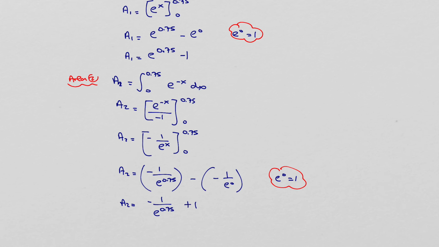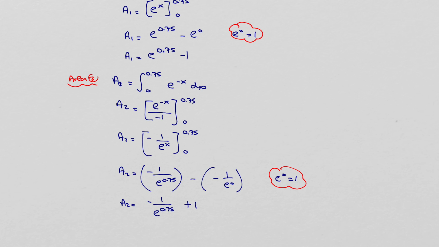Okay, so now what we're going to do is we're going to subtract area 1 from area 2. So we say area enclosed is equal to area 1 minus area 2, which is e to the power of 0.75 minus 1 minus minus 1 over e to the power of 0.75 plus 1.